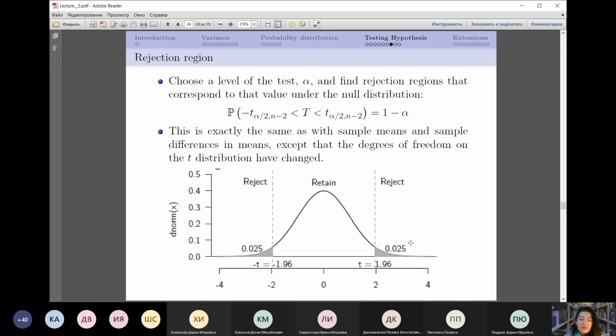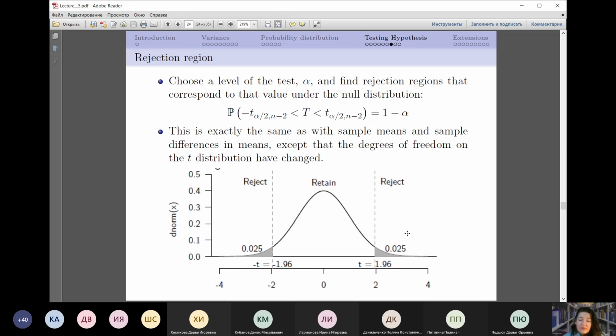So the rejection region consists of values that are really unlikely to obtain and that have a low probability of occurring when the null hypothesis is true. This is the general idea behind this approach of hypothesis testing.